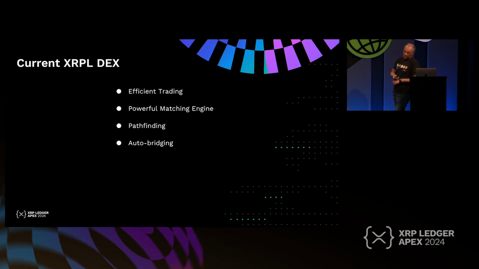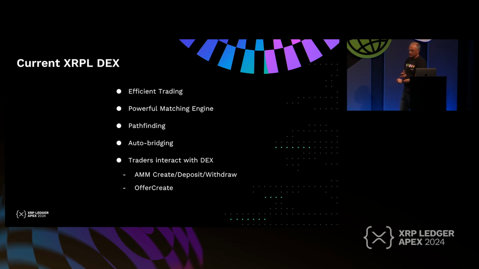It's auto-bridging, and auto-bridging uses XRP as an intermediary to connect currencies or tokens at the lowest cost. And the way traders interact with DEX is via AMM create, deposit, and withdraw transactions, which create AMM and interact with AMM. Offer create, which is an instruction to conduct a trade.